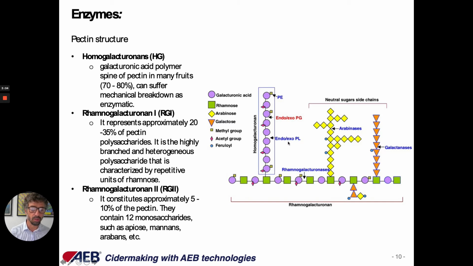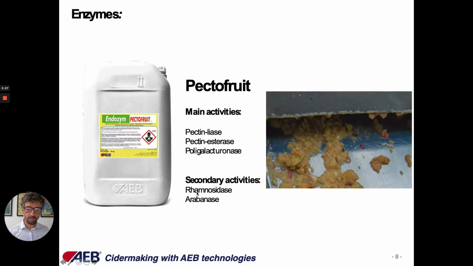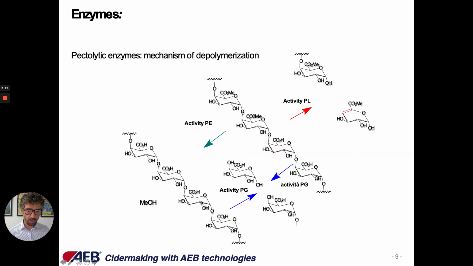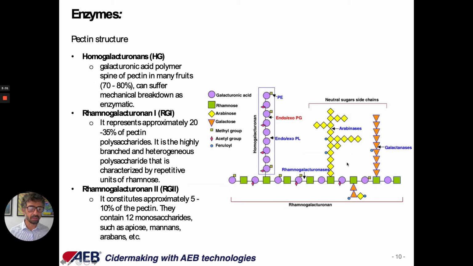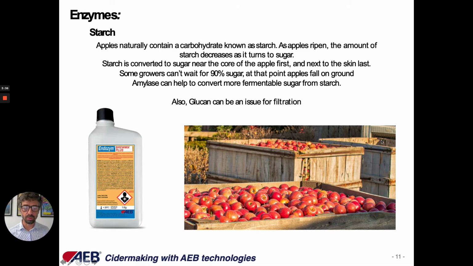We have seen the activity of PL, PG, and PE in this linear basic pectin, but it can be more complex, can have rhamnose in it, can have sugars like arabinose, galactose, that make more hairy, more complex pectins. So the secondary activities that we mentioned here, the rhamnosidase and the arabinase, are to act on the secondary chains that make the pectins a little more complex to destroy.